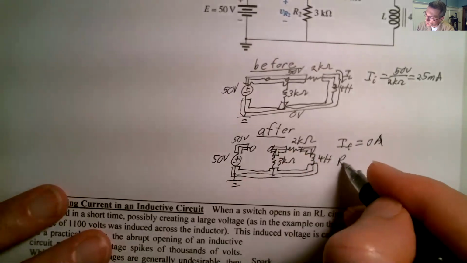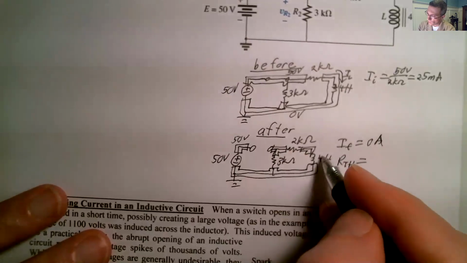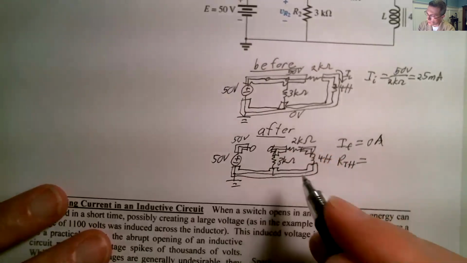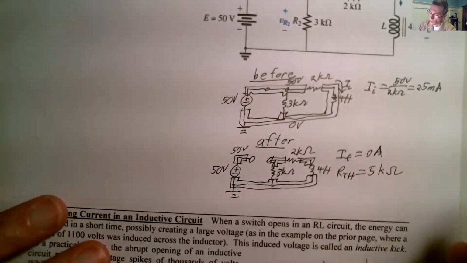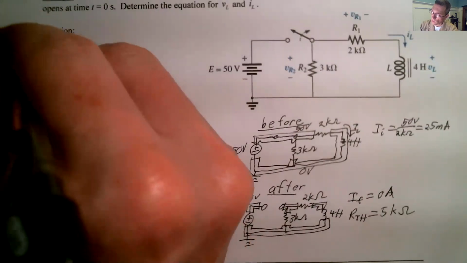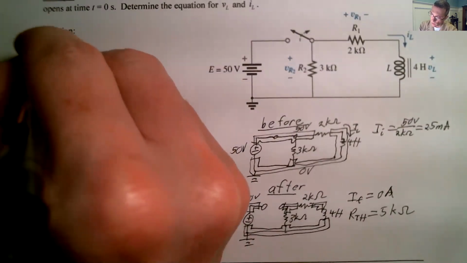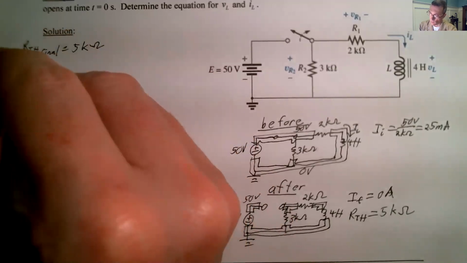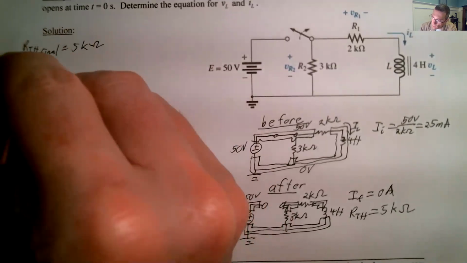But what is RTH? Well, if we take out this inductor, the load that it sees is that 2K ohms and the 3K ohms, so we've got a 5K ohm RTH. So RTH final is 5K ohms.